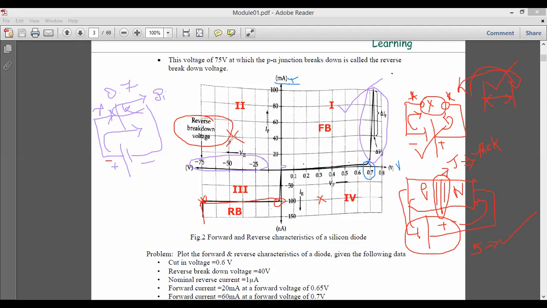If you increase even 0.001 volt or even 0.1 volt, your diode will be damaged, because all materials have some capacity to withstand.